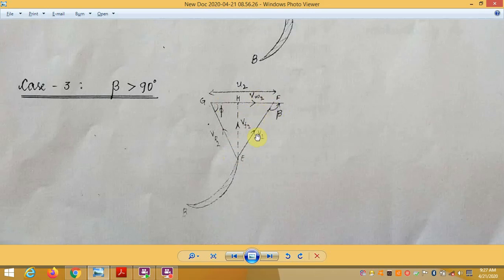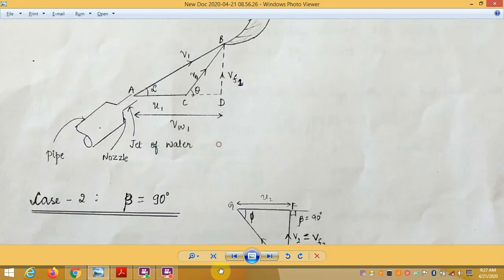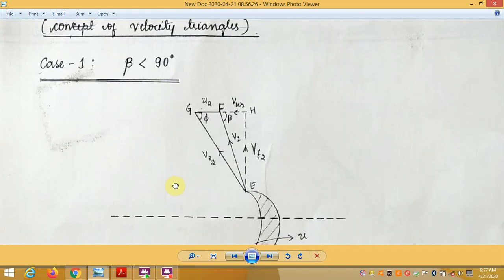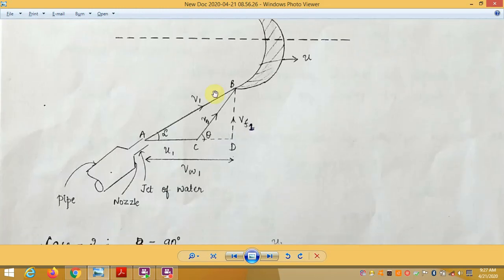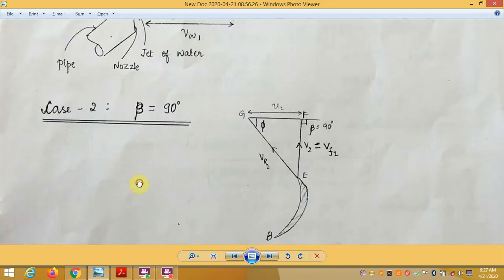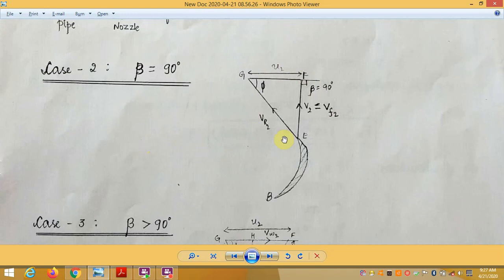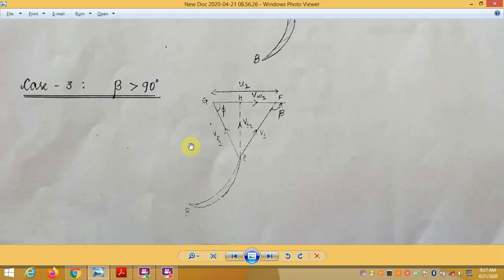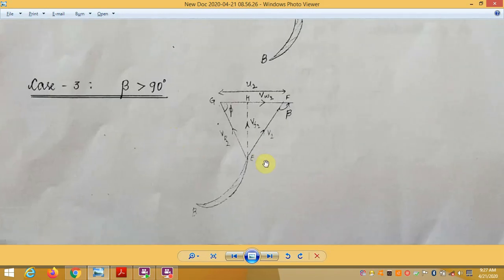If it is greater than 90, then the velocity triangle will be G, F and E. So similarly, three cases: case 1, when beta is less than 90, this will be the triangle. When beta is equal to 90, this is the triangle. When beta is greater than 90, this will be the velocity triangle.